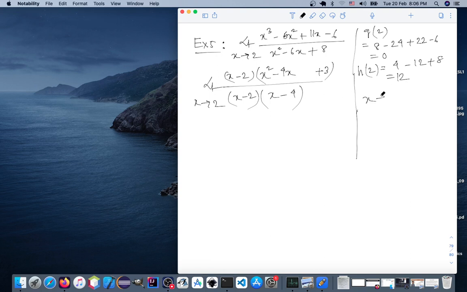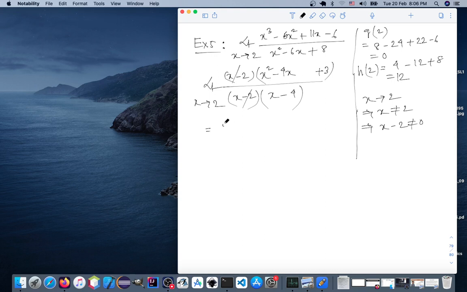Now x tending to 2 implies x not equals 2, implies x minus 2 not equals 0. So we can cancel out x minus 2 and we are left with the term where we can substitute the tending value of x, that is 2.